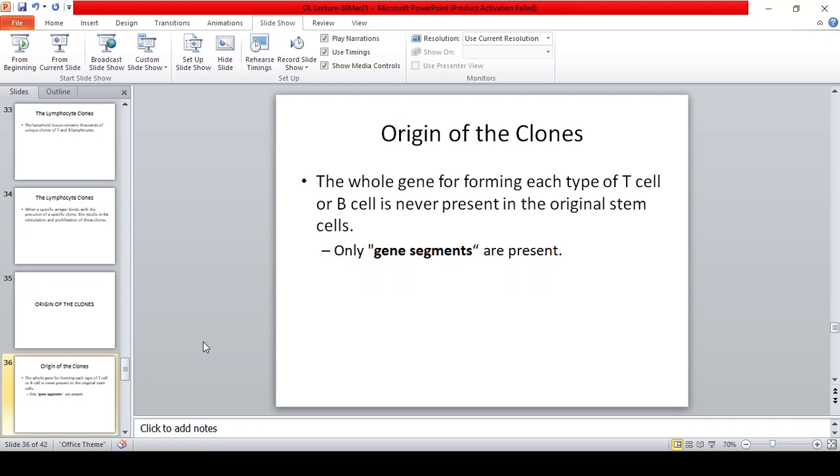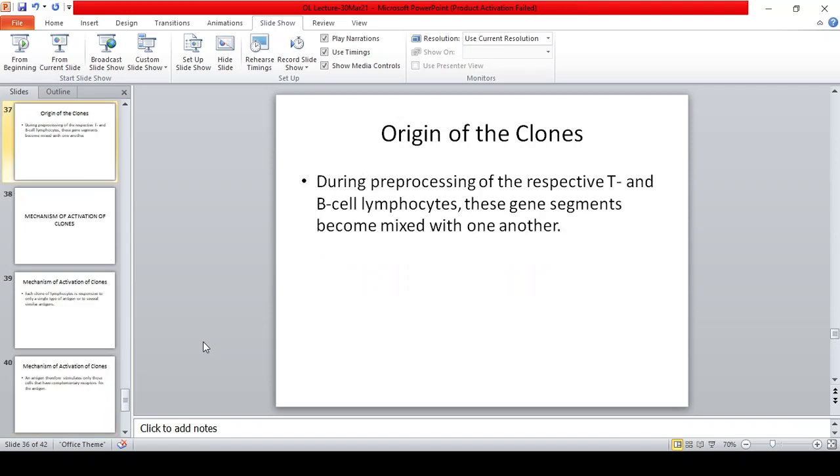So only gene segments are present, and during pre-processing of the respective T and B lymphocytes, these gene segments can become mixed with one another to form millions of combinations, and then they can produce millions of receptor proteins on the cell surface.